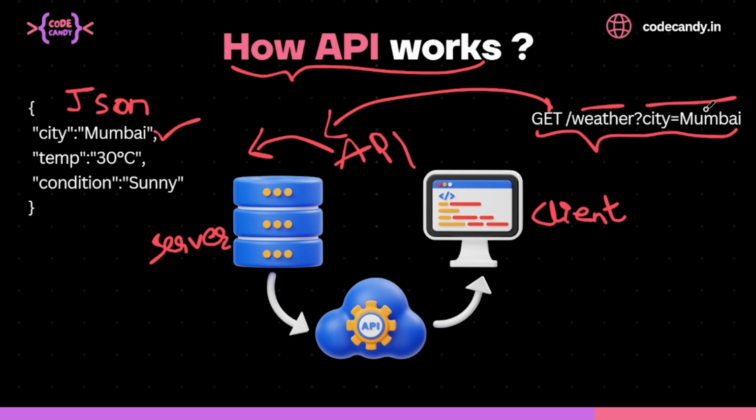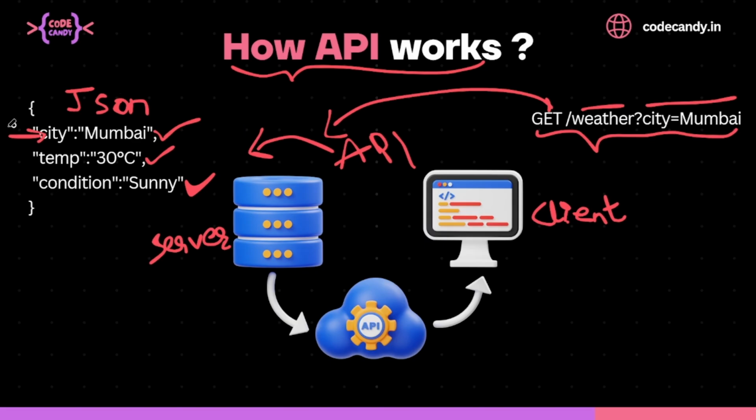Whatever parameter you give, it returns as the first line of the JSON. Using the API, it is telling that the temperature is 30 degrees, condition is sunny. The entire response is given in JSON format.